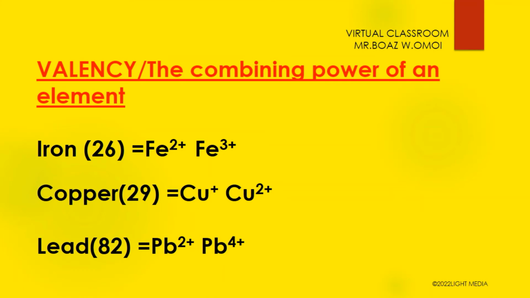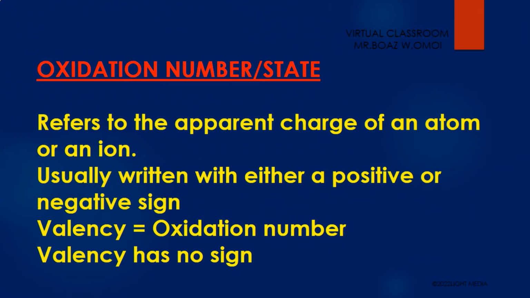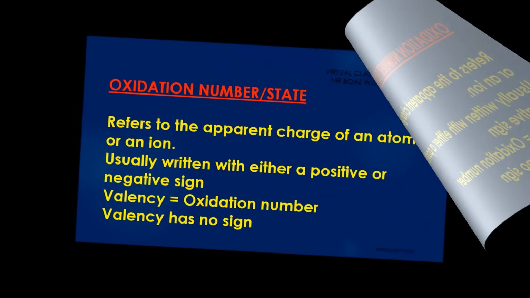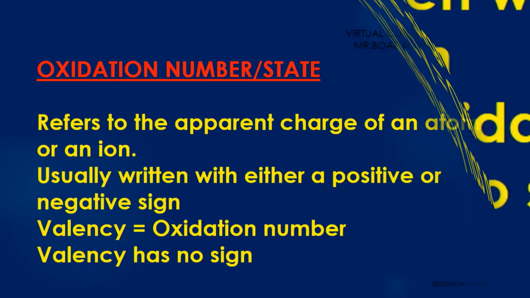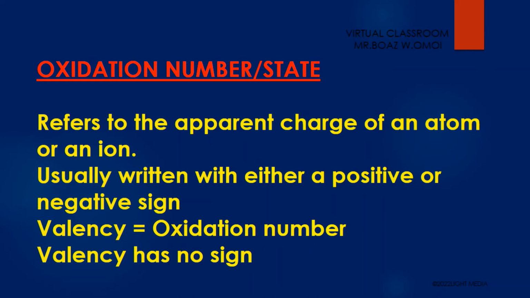Now let us move on and talk about something which is related to valency, which is called oxidation number. Now, for most students, oxidation number is the same as valency. Okay, that is correct in one way and it is wrong in another. Now, what I can say is that valency is the number of electrons an atom loses or gains during a chemical reaction. Now, oxidation number is the apparent charge of an atom, or an ion.